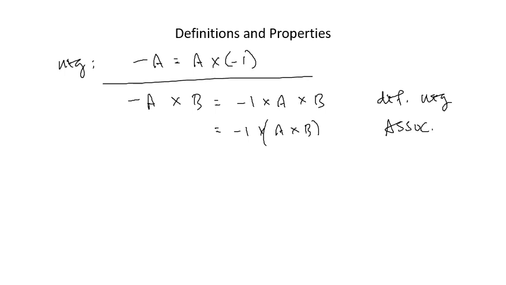And so now we see that negative a times negative b is going to be the negative of this product. We could even go one step further and say that this is the negative of a times b. And again, this is really just our definition of a negative: negative 1 times something is the same as negative something.